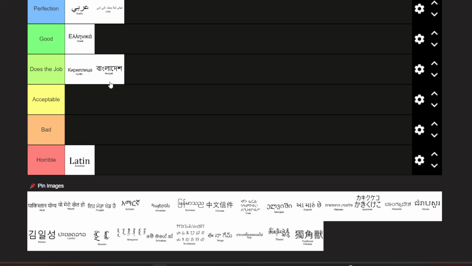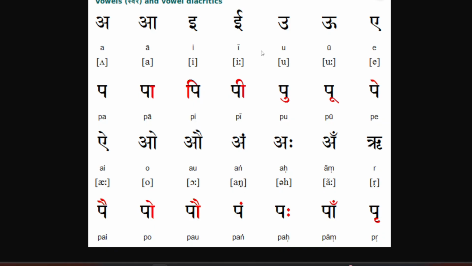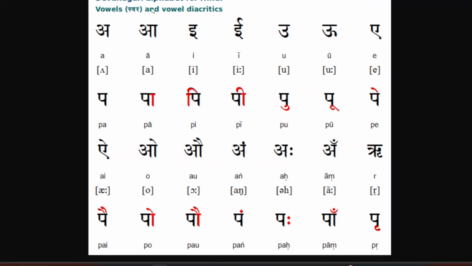Well, just based on first impressions, I think it does the job, but let's learn more about these languages or writing systems. So there aren't any digraphs. Oh my god, there's barely any sounds, is there? Or are these only vowels? I'm not really sure. For Hindi, vowels and vowel diacritics. Okay, these are just vowels.